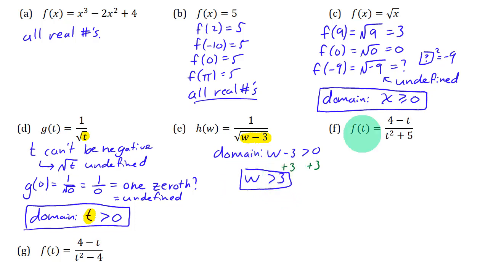Now how about this one? We want to do f of t is 4 minus t divided by t squared plus 5. So let's see. The top, 4 minus t, you're always allowed to do 4 minus a number if you want. The denominator is what you might have to worry about, because anything divided by 0 is undefined.